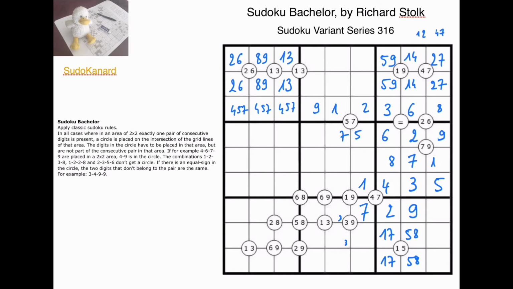But something interesting is that 7 is here together with a consecutive digit, which will be 6 or 8. And this 5 puts a 5 here. Well, that was probably too early for this kind of deductions. Now let's have a look at all this cluster of circles.